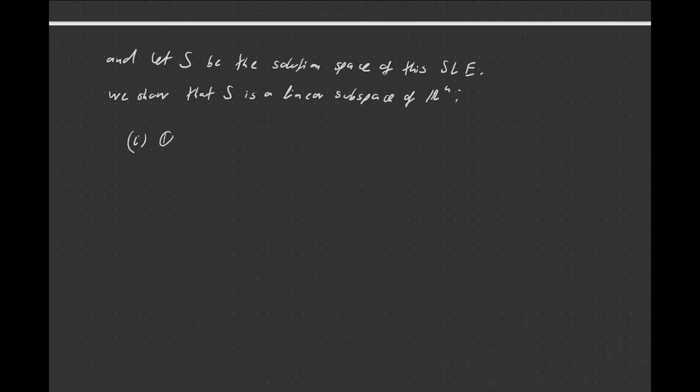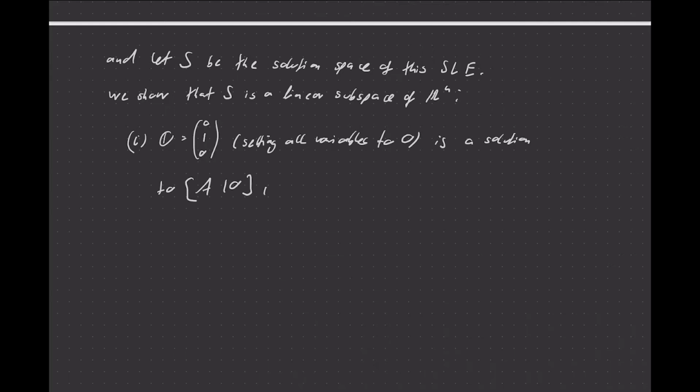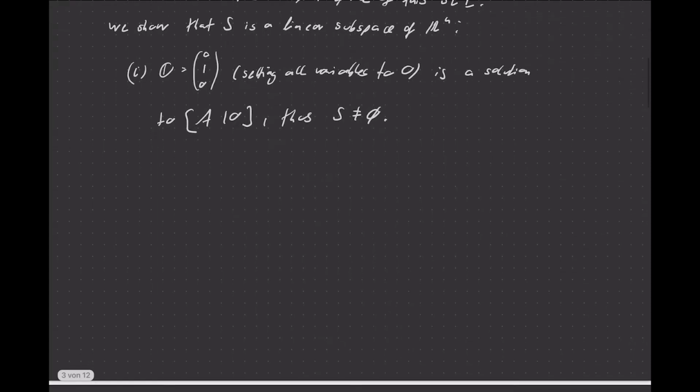Okay, so the 0 vector, and remember that means setting all variables to 0, is a solution to this system of linear equations. And in particular, that means the solution space is not the empty set. There is at least one solution.